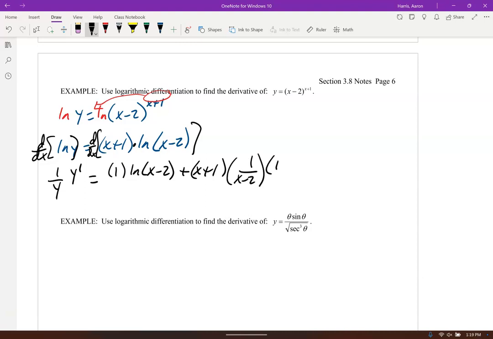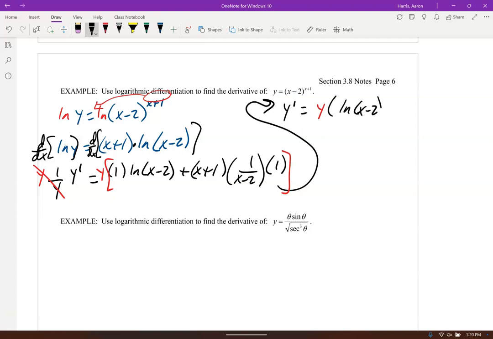Chain rule, derivative of x minus 2 is just a 1. So it looks like we have, and I'm going to go ahead and take my y to the other side. So I have y times all this. Looks like I have y prime, dy/dx is y times the natural log of x minus 2 plus x minus 1 over x minus 2.